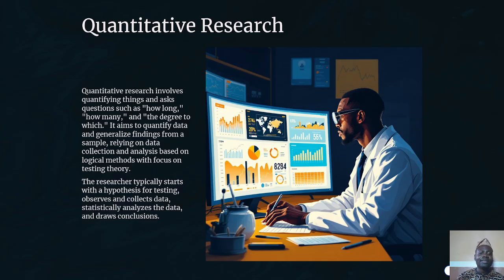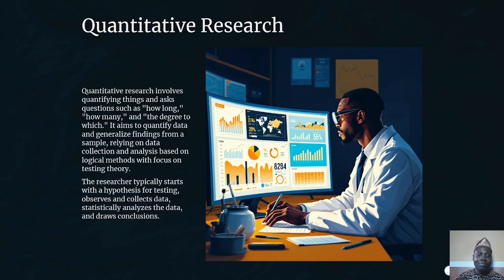Now, the analysis is based on a logical method with the focus on testing a particular theory. So this research always starts with a hypothesis for testing, observes and collects data, and statistically analyzes the data to draw conclusions.